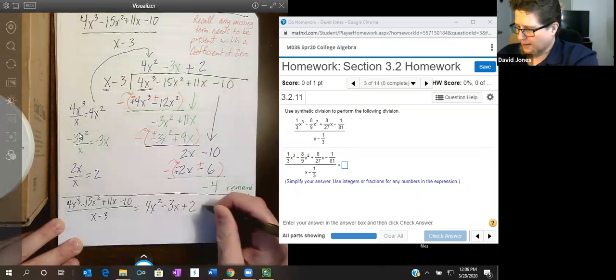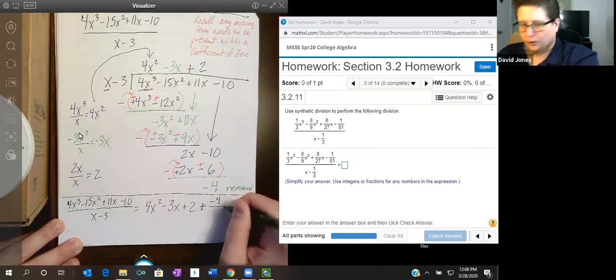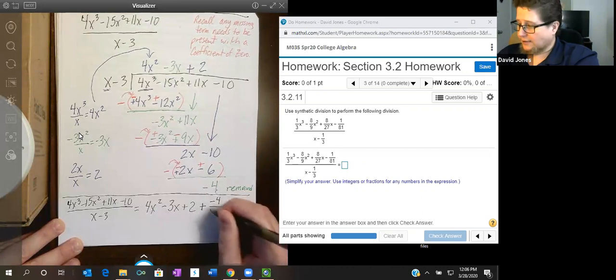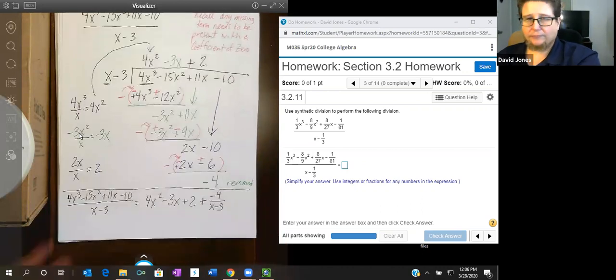And then I'm going to add the remainder. The remainder is negative 4, and it's all over the old denominator. I'll pause and let you absorb that for a second.